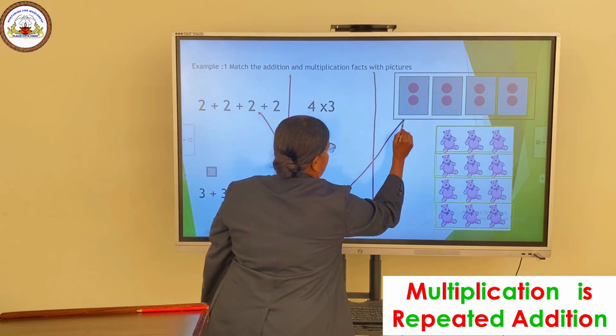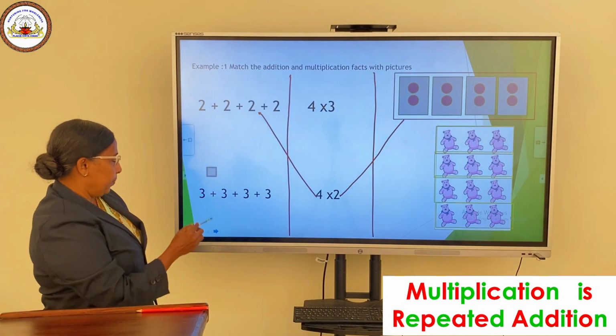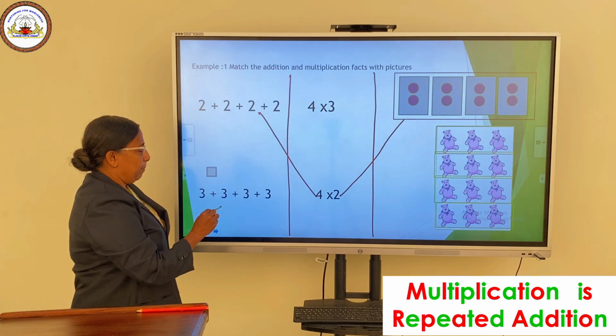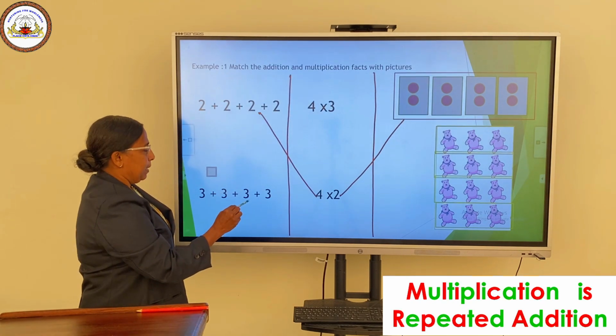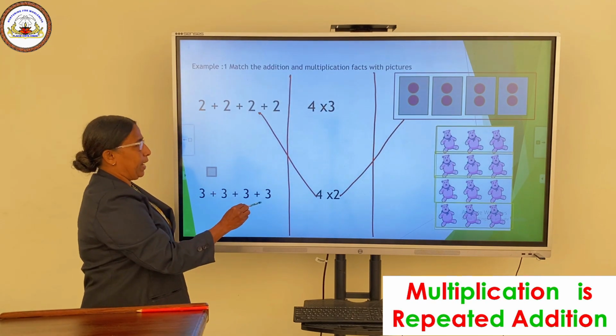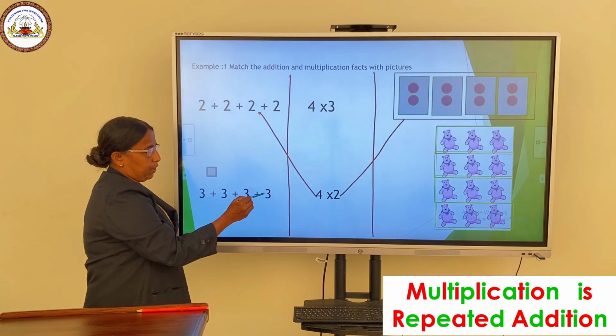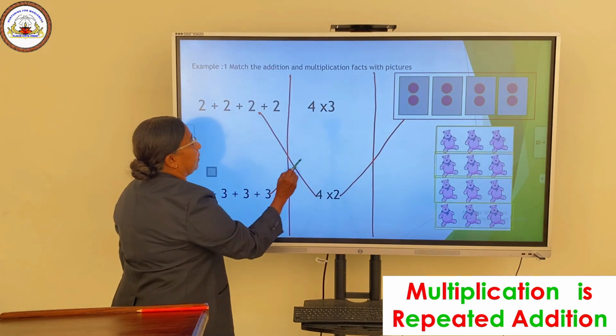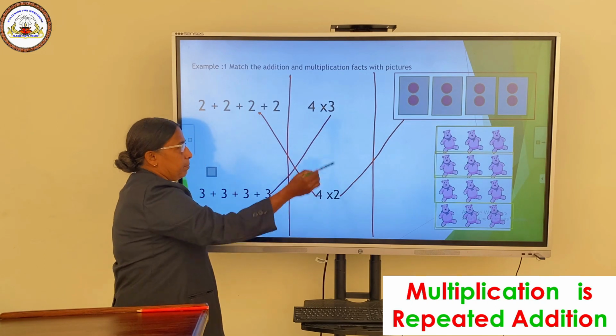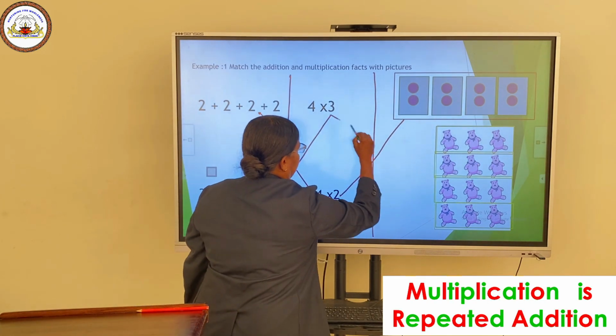And next one, 3 plus 3 plus 3 plus 3, that is also 4 times, but 3 is repeated, so it is 4 into 3, and its picture is this one.